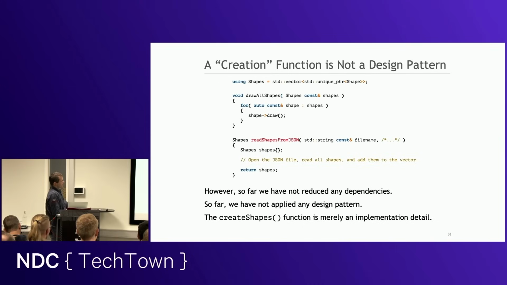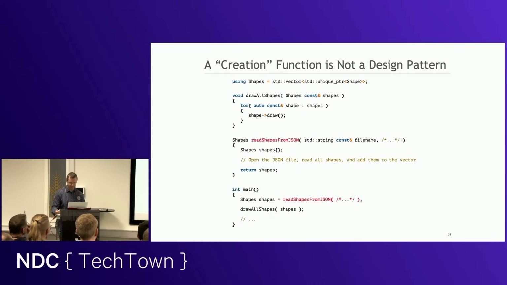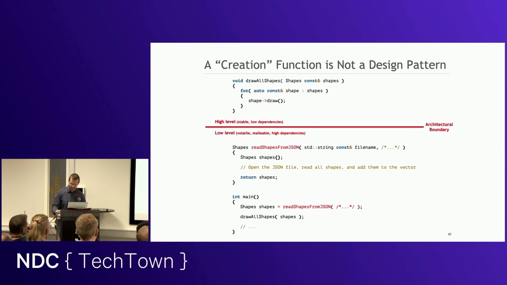But then what is a factory method? Okay, let's use this example to develop it into something where we actually talk about dependencies. So let's first introduce an architectural boundary. That's the starting point. But again, we have high level, low level, terms that usually confuse people.